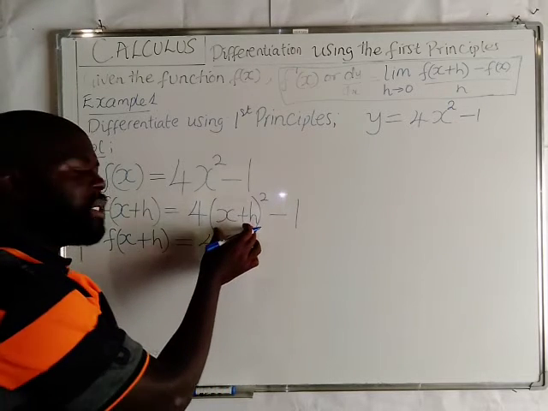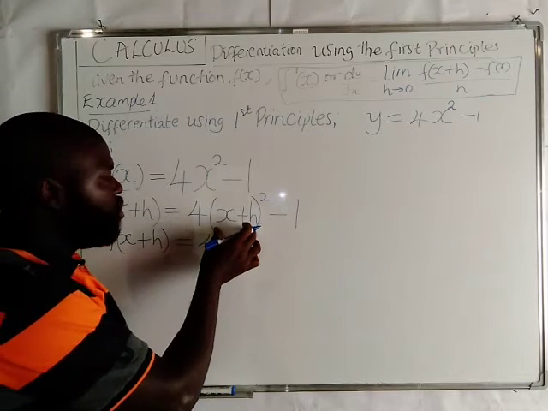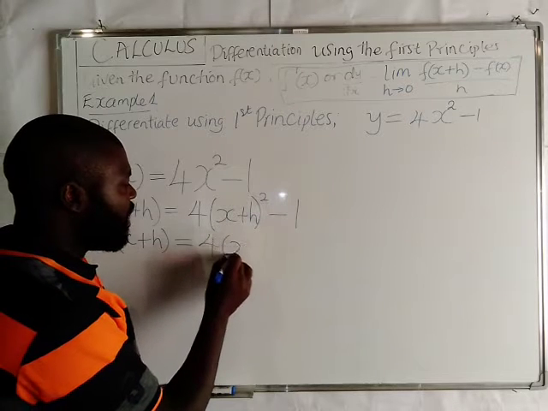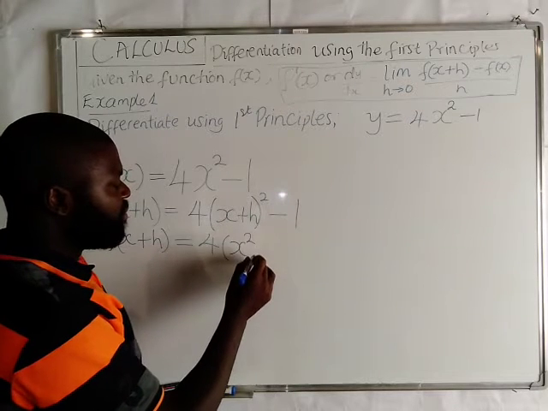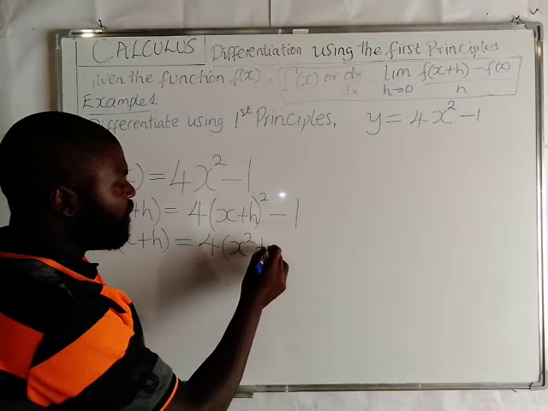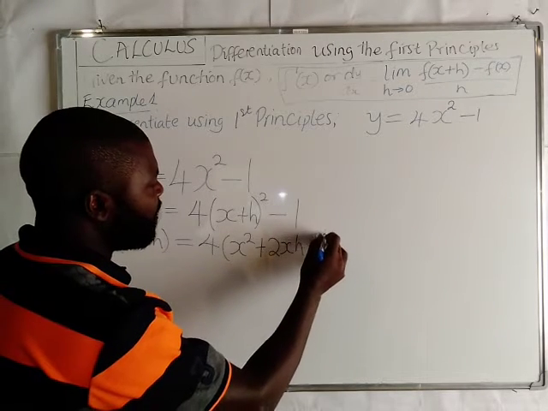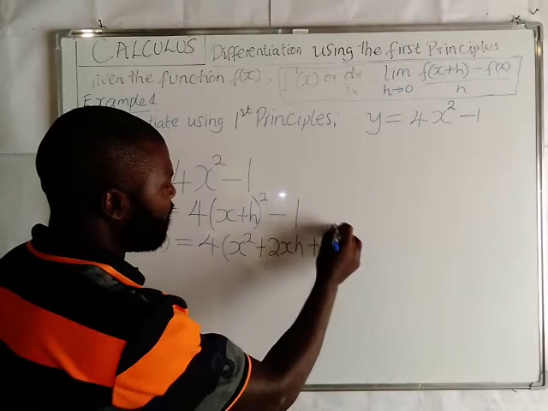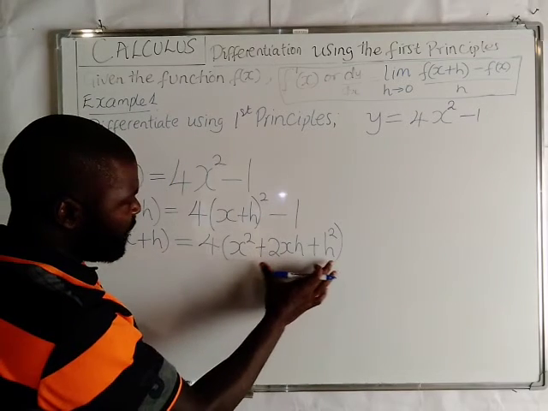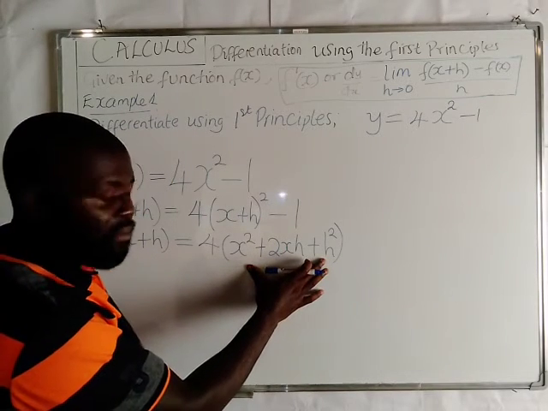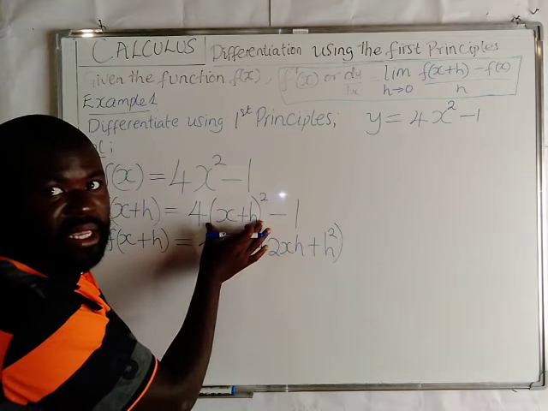Now, when you expand this one, you are going to get x squared plus 2xh plus h squared. So this inside the brackets here is what this means here.